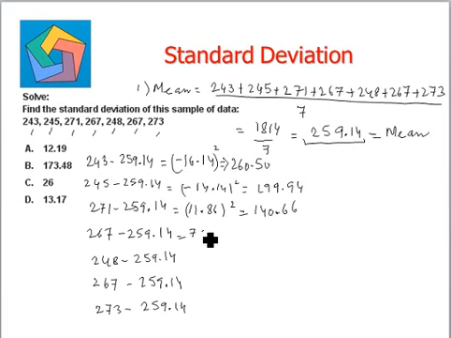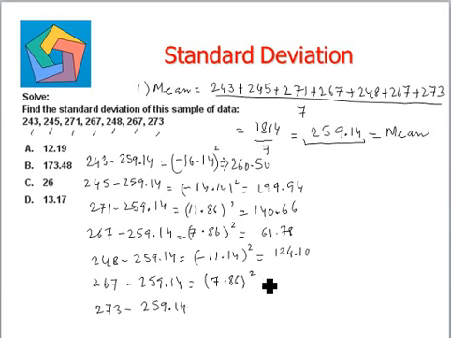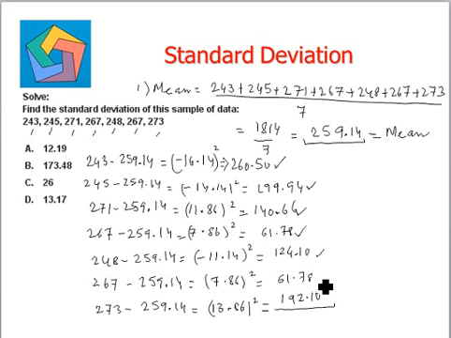Square of a negative number is always positive, so the negative sign will not trouble us anywhere. This is 7.86 squared equals 61.78, and finally the last one is 13.86, which when squared gives us 192.10.